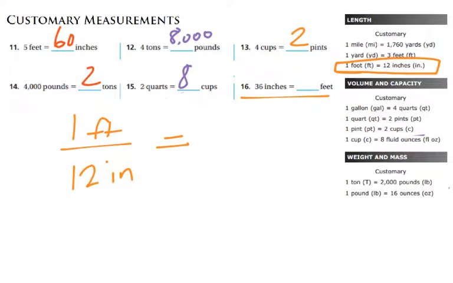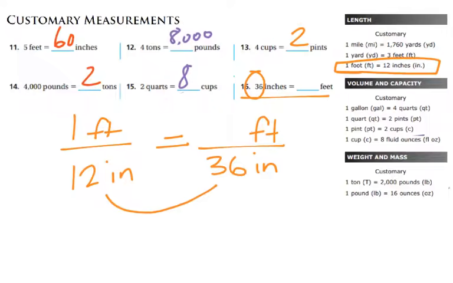And I want to now do a conversion that gives me 36 inches. Where's the 36 from? It's right here in the problem. So 36 inches. And I'm trying to see how many feet is that going to be. To get from 12 to 36, what do I need to do?